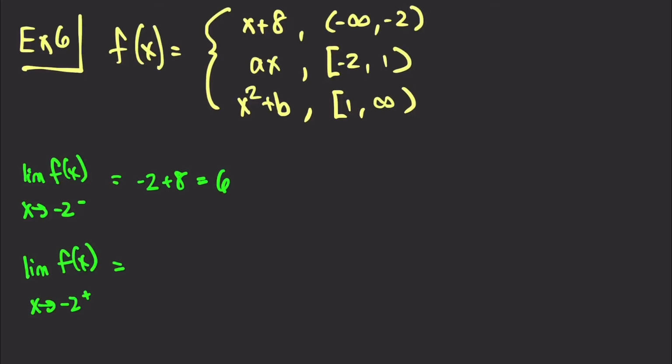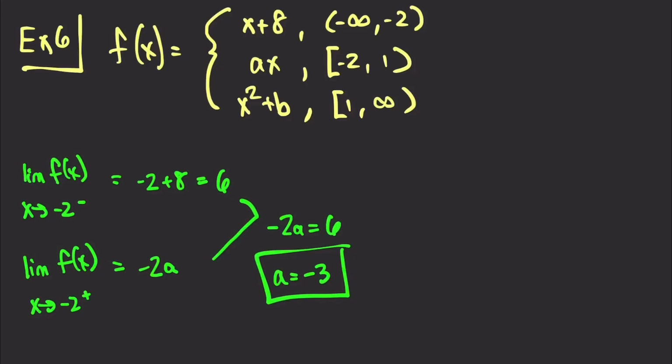Now for the next one, negative 2 from the right, I'm coming from the right to negative 2. So I'm going to be using this piece right here, ax. x is negative 2, so that's just going to be negative 2a. Now I need to set these equal. So negative 2a equals 6, a equals negative 3.